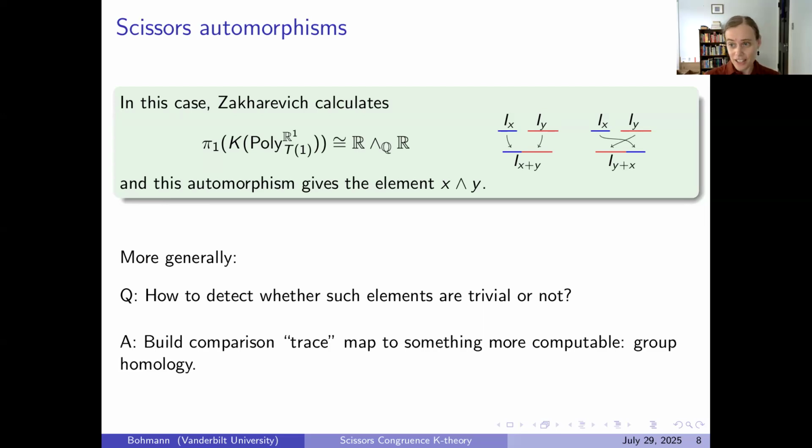The answer is that we want to build a comparison map, a trace map, to something that's more computable. Algebraic K-theory is not known for being the most computable invariant out there, so we want something a little better, and what we'll use is group homology. So any questions before I move into the group homology aspect of this?